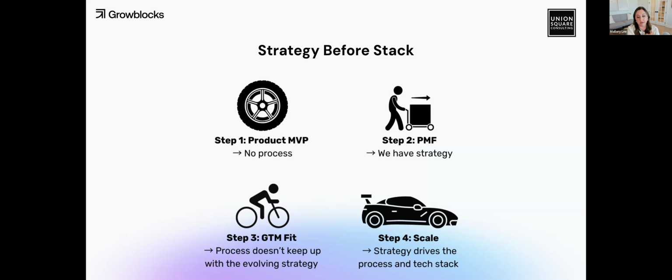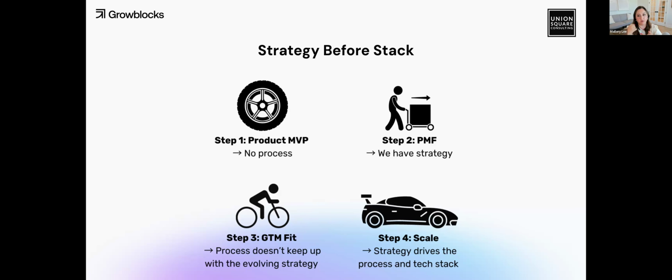A lot of us here on the call are probably either in step 3 or step 4. And these are the most common businesses I think that we tend to work with at Union Square. But the idea here is that in step 3, once you find that go-to-market fit, you're probably experiencing faster growth, and your process normally does not keep up with your evolving strategy at this point.